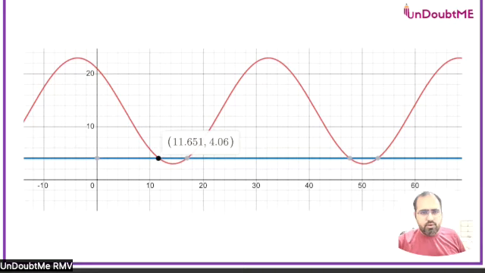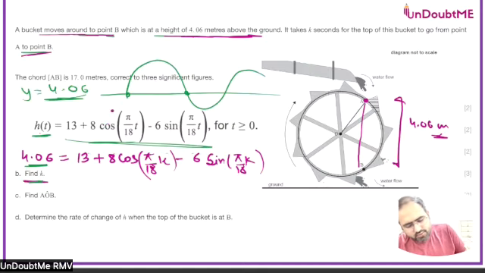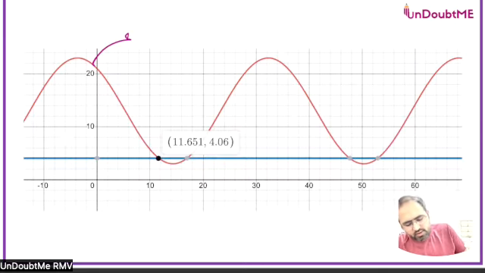On Desmos, what I was saying was this, that this wavy thing is just an equation I have plotted in the form of y is equal to all the thing on the right, and then y is equal to 4.06 is another line which I have plotted. And they are intersecting at several points.